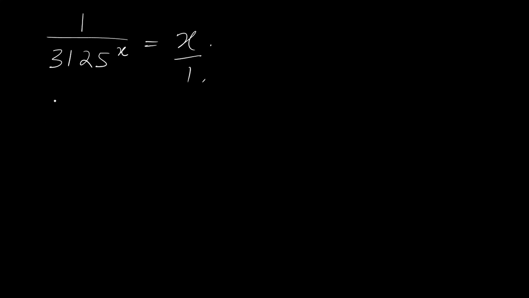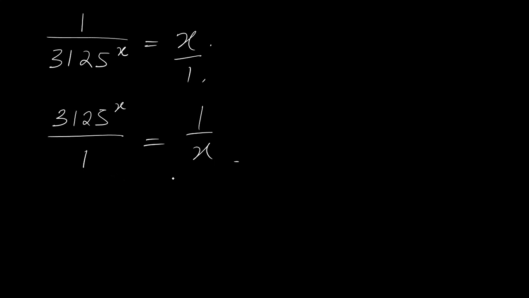Now if you reverse this, what you do to the left hand side, you also do to the right hand side. If you reverse this, 3125 to the power x divided by 1 is the same thing as saying 1 all over x.